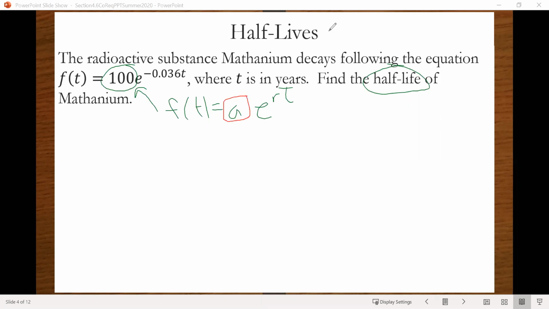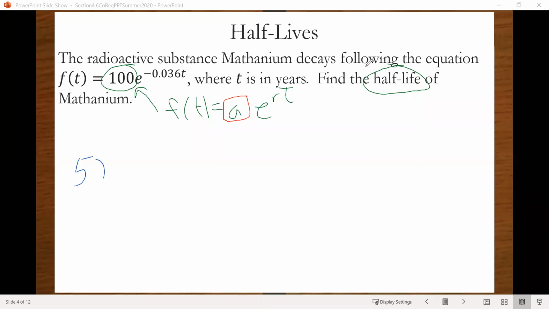Do you all recall, what does a stand for? Right, that stands for our starting value. So if we want to find a half-life, we can just figure out how much time it takes to get to half the starting value. If we start with 100, and we're not actually told what the units are, let's say they're grams, then half of that would be 50 grams. So what we need to figure out is the amount of time it takes to get to 50 grams.